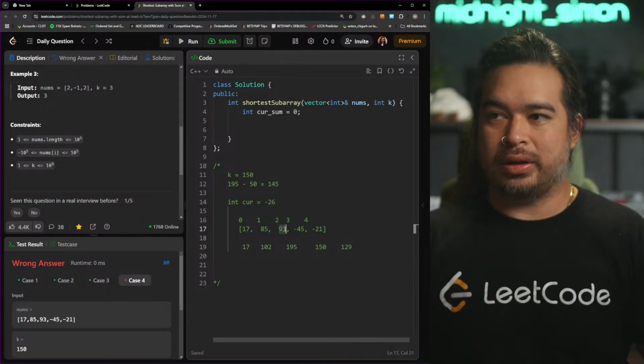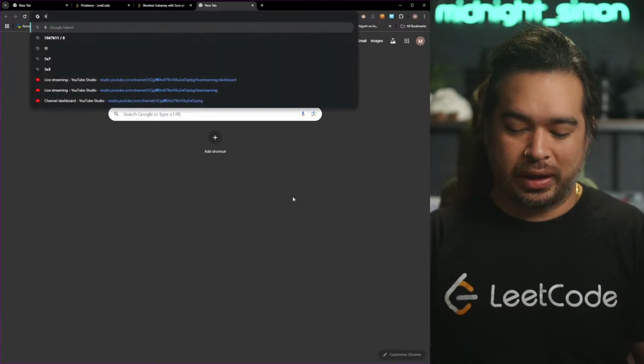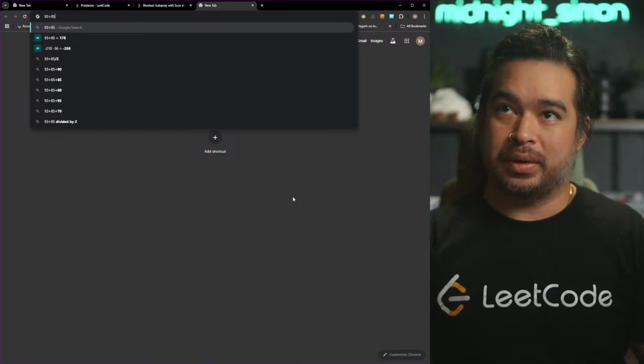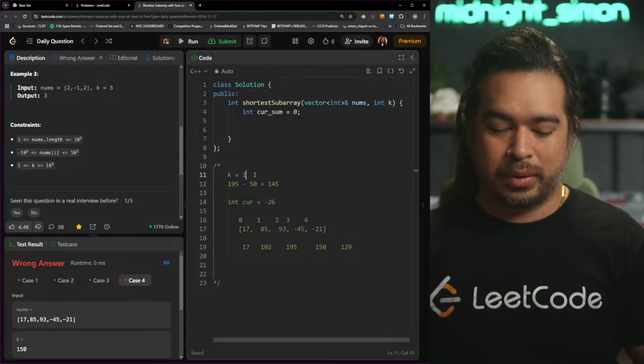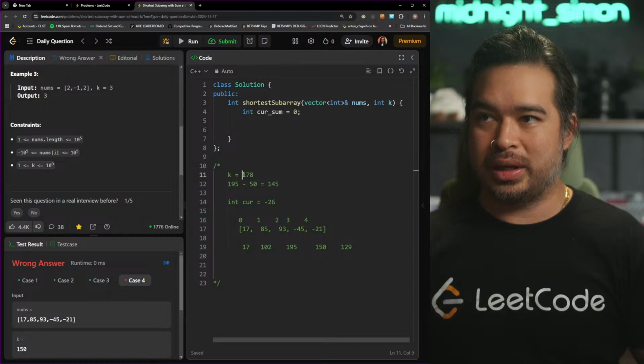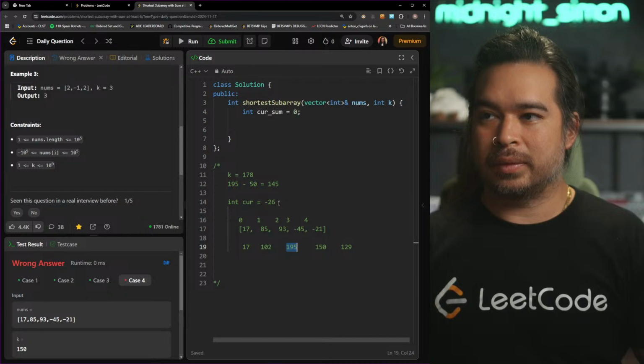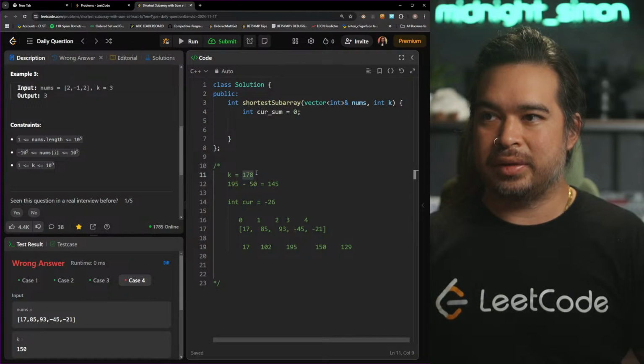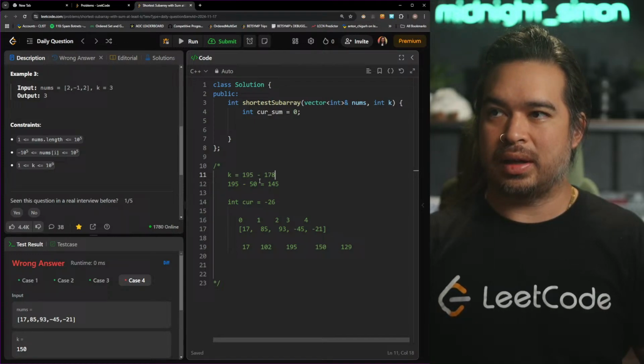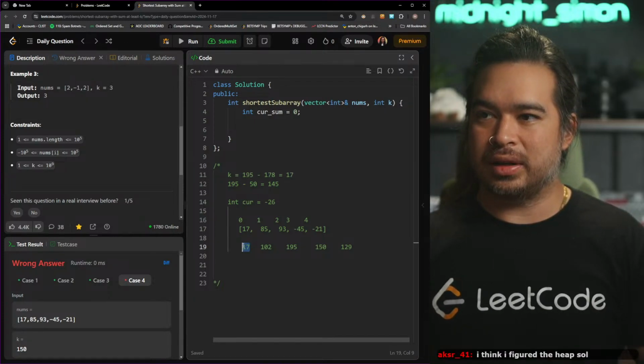Alright, hold on. 93 plus 85, what's that? 178. So if our target was 178, then it would be like 195 minus 178. And is that 17? And that's the target we're looking for.